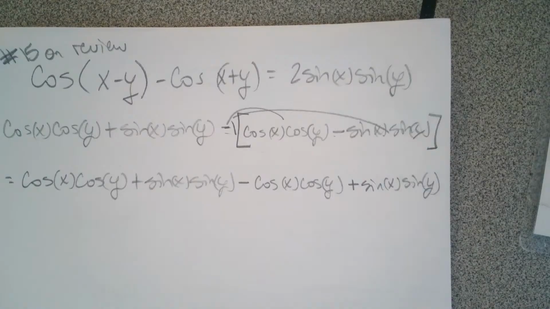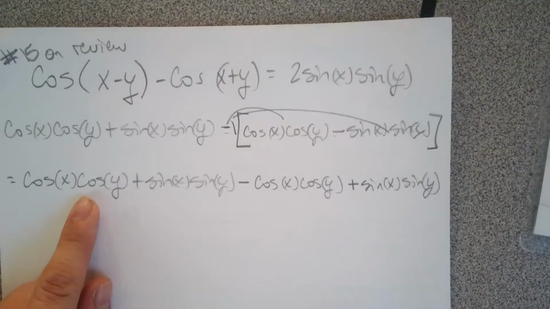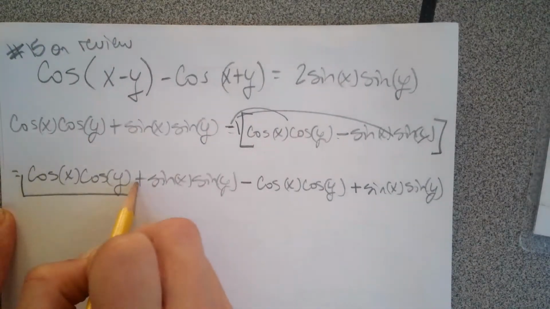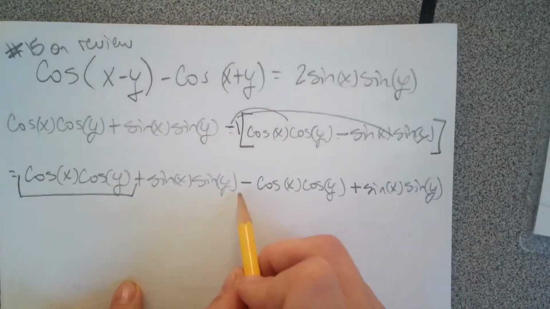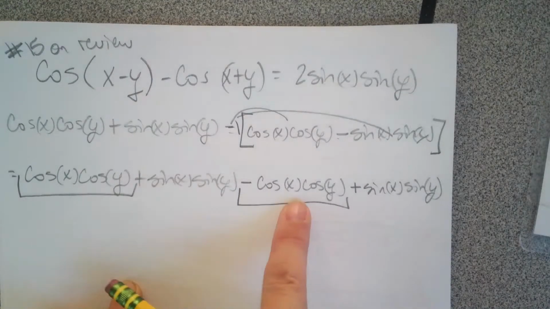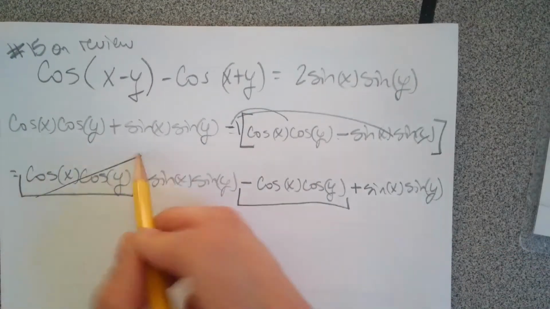Combine like terms. I got a cosine x cosine y. Does it have a like term? Cosine x cosine y positive and negative cosine x cosine y. What happens with those? They cancel out, right? This minus itself is 0. That cancels.